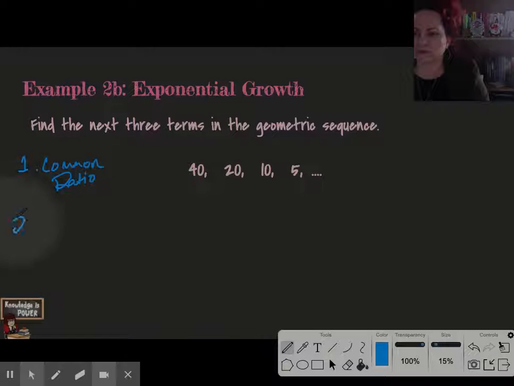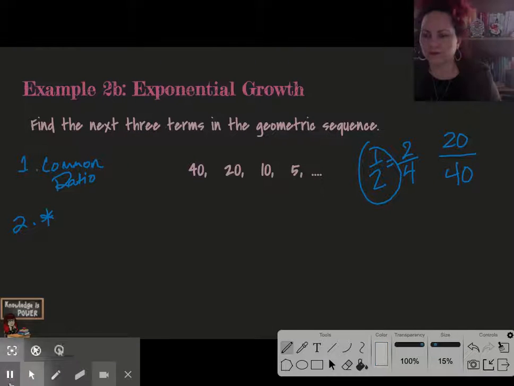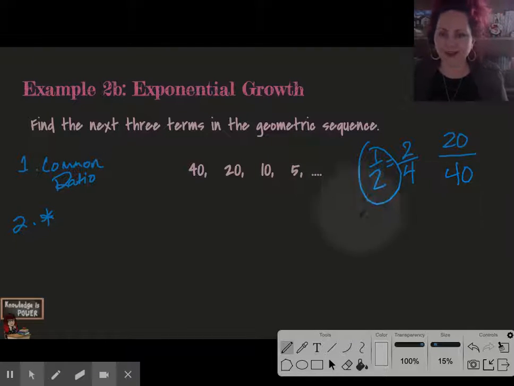Number 2, multiply. Got it. Here we go. Which one goes on top, 20 or 40? 20. Good job. Divided by 40, which is 2 over 4, which is the same as 1 over 2. Okay, so our common ratio is 1/2.